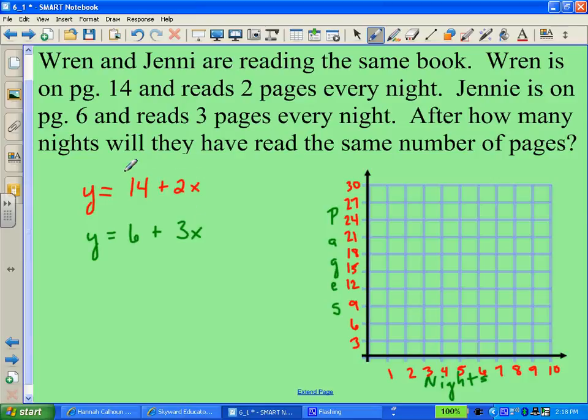So what I need to do is graph these lines. The first one, Ren, starts at 14 on the y-axis and goes up 2 over 1, up 2 over 1, up 2 over 1, and again I'm just making a lot of dots here so that we can get hopefully a nice straight line.